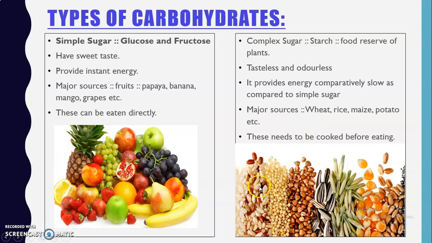This is because there is a wall, the outer surface, which is called cellulose, and when we cook foods like wheat, rice, maize, this cellulose gets softened. Okay, and then we can eat the complex sugar. I hope you have understood.